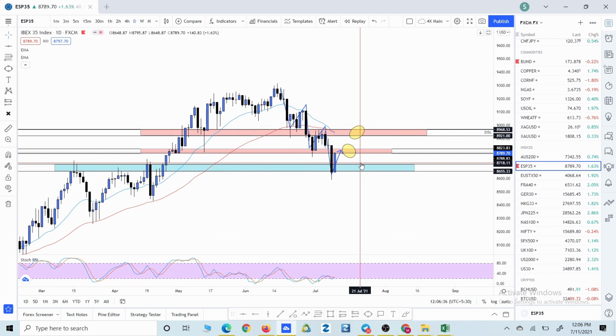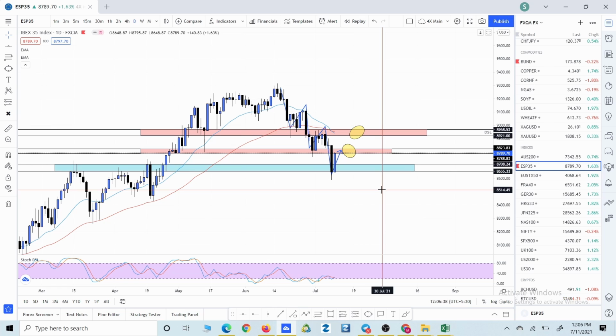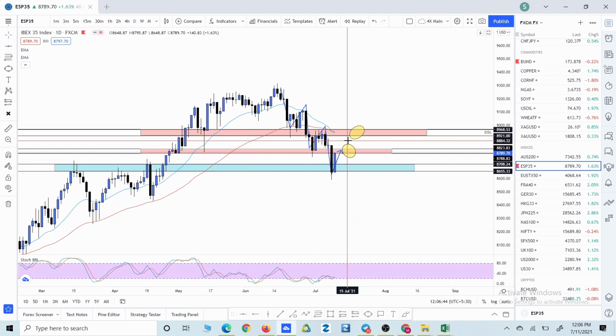Two confluences in this zone other than the price action that we already have on this pair for our short trades. If the price doesn't give any sign of rejection here, then we might look for a short opportunity in the second yellow zone as well.